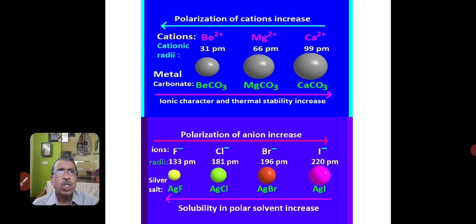It increases from calcium to magnesium and further to beryllium, whereas the ionic character and thermal stability increase in the opposite direction. Polarizability of an ion increases from fluoride towards iodide, and therefore solubility in polar solvent increases from silver iodide to silver fluoride.